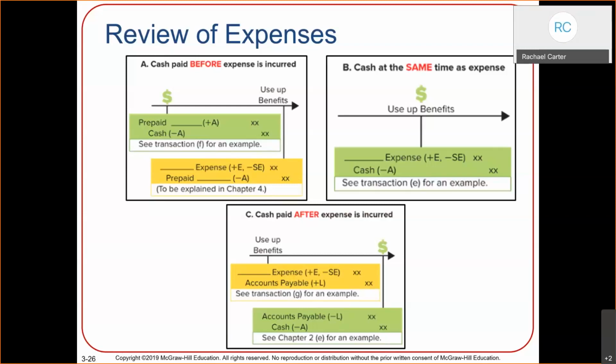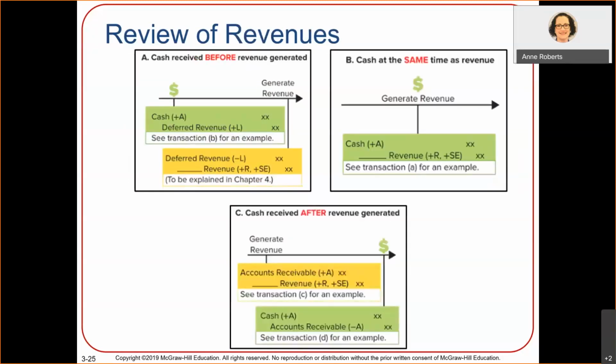They may tell you, well, let's see. Over here, keep in mind, it's either sales revenue or service revenue. If we're selling product, it's got to be sales revenue. If we're selling time, it's got to be service revenue. So on the revenue side, there's only 2 options.